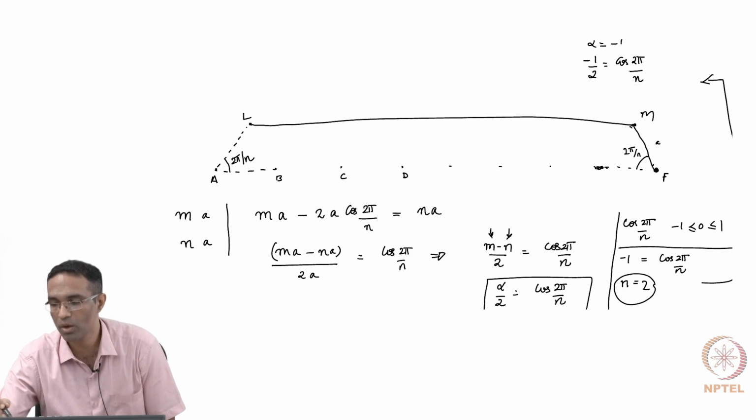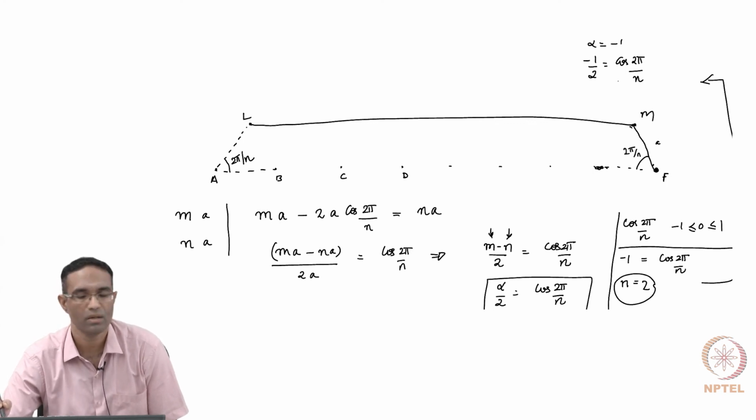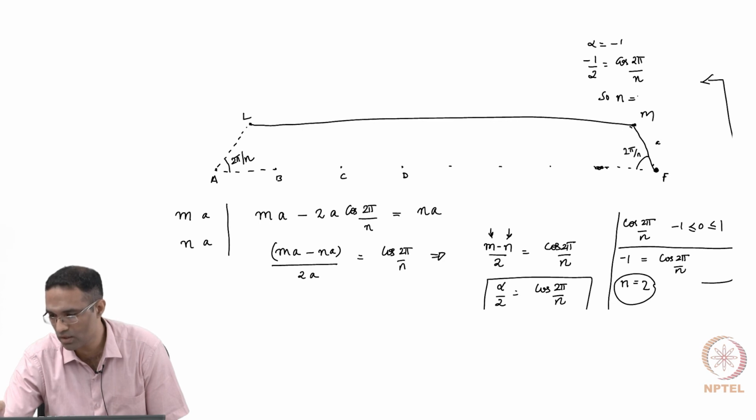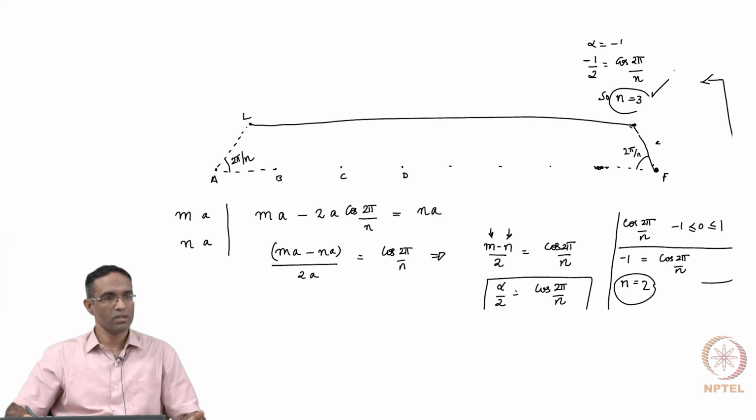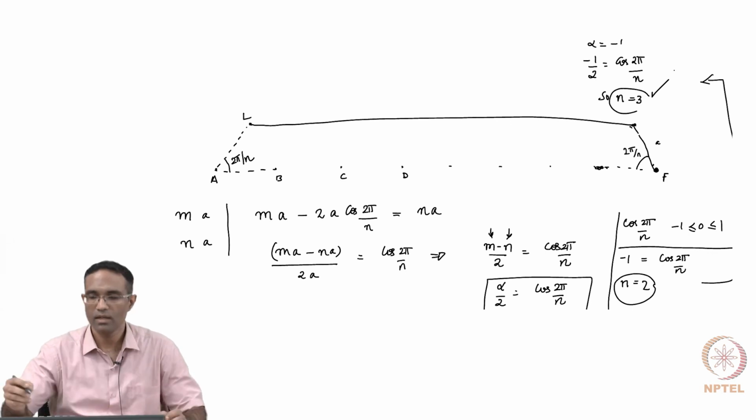So then what would this be? 2 pi over n is 120 degrees, right. Cos 120 is minus 1 over 2. So n is 3, right. 2 pi divided by 3. So n is equal to 3. A threefold rotation is also compatible with the lattice translation, correct.